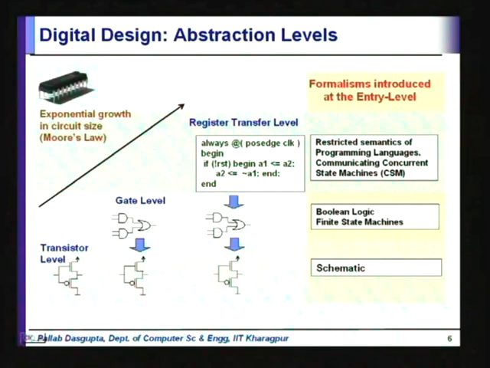What is a digital circuit? It is a finite state machine, right. The bottom line of all of these is that it implements a finite state machine. So, the finite state machine that you get out of this and the finite state machine that you get at this level, they have to be logically equivalent, right. But what are we going to do above that?